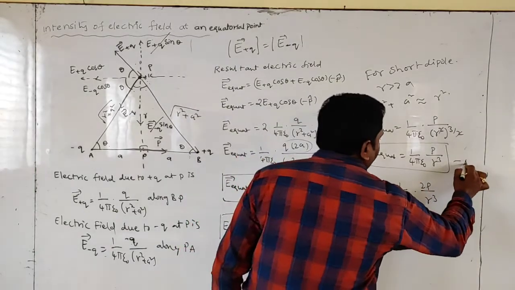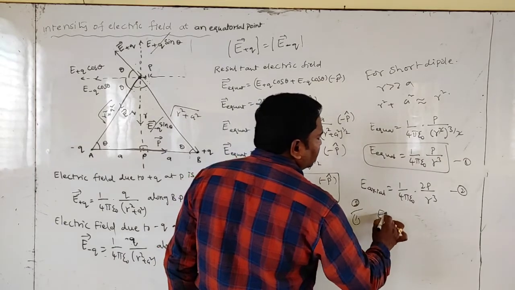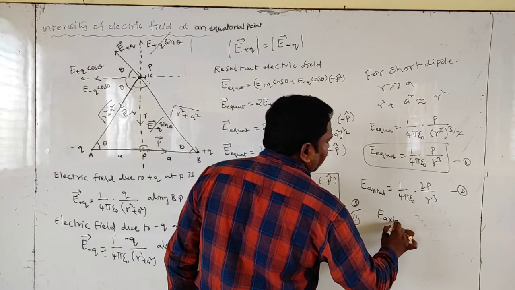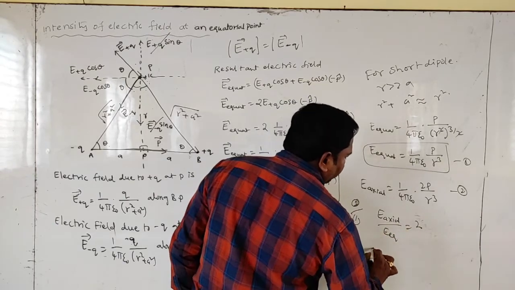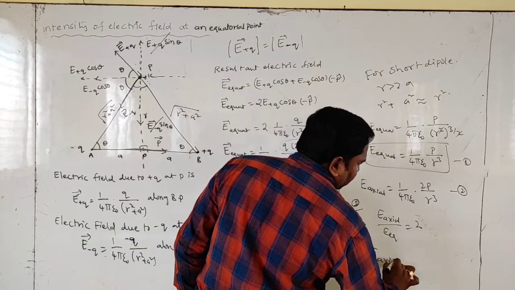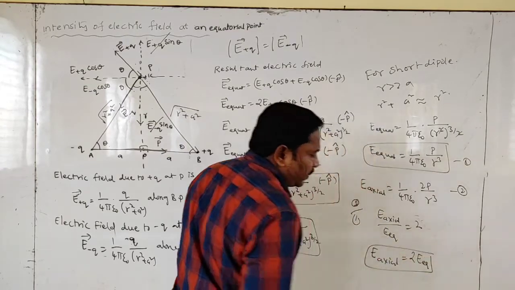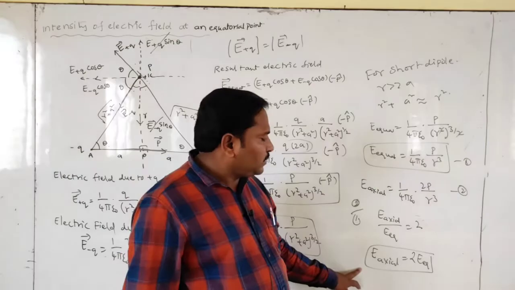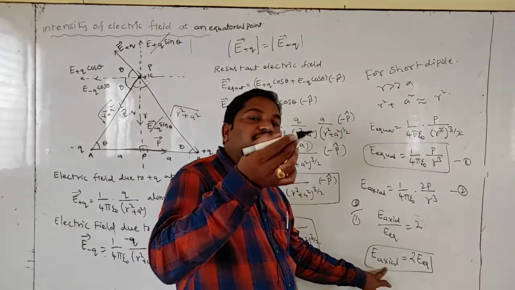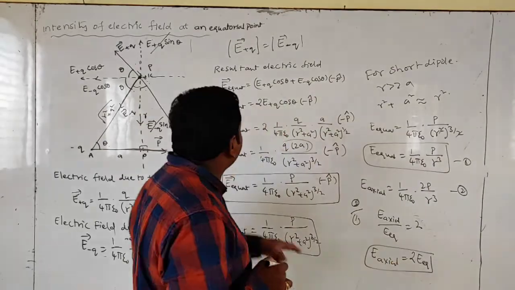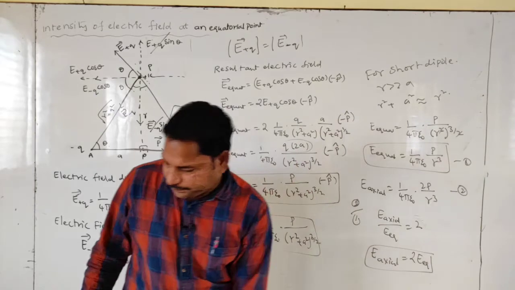So equation 1 by equation 2, we get E axial by E equatorial equals 2. So how many times is it? 2 times. So this is the important point: the field on the axial line is twice that on the equatorial line.